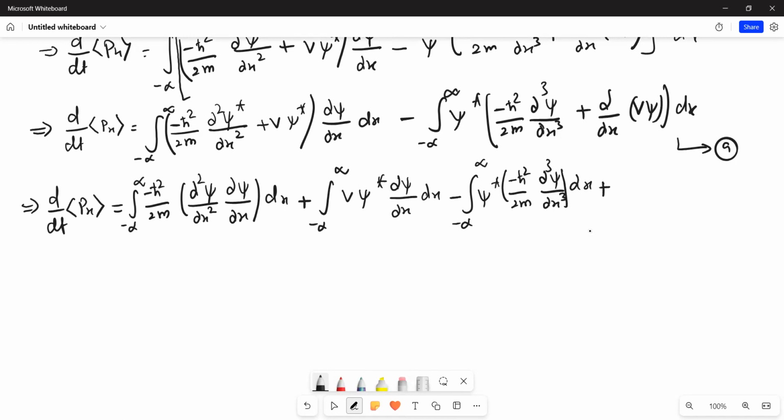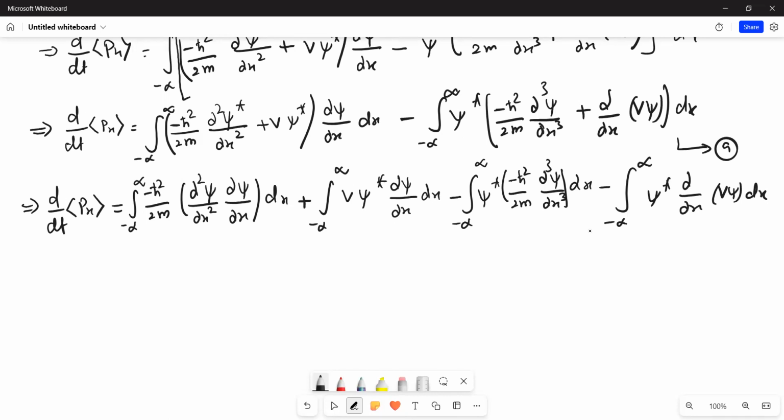Oh, sorry, not minus, because this minus becomes plus here. Then the integral of ψ* ∂/∂x (Vψ) dx.